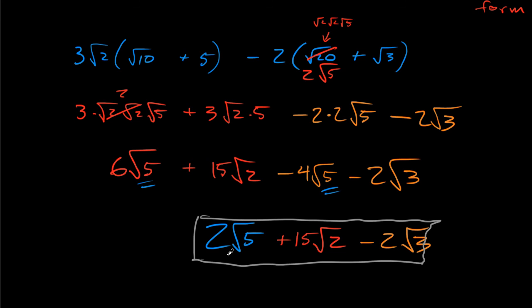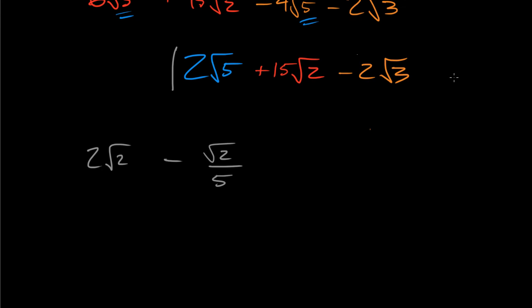Let's do another example. In this example, I want to show you how to subtract 2 root 2 minus root 2 over 5. And you have to think of a fraction, like root 2 over 5, as also being a number out in front of the radical. So I could always put a 1 here if I wanted.